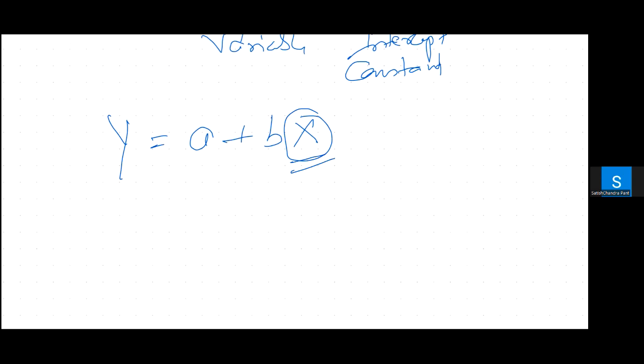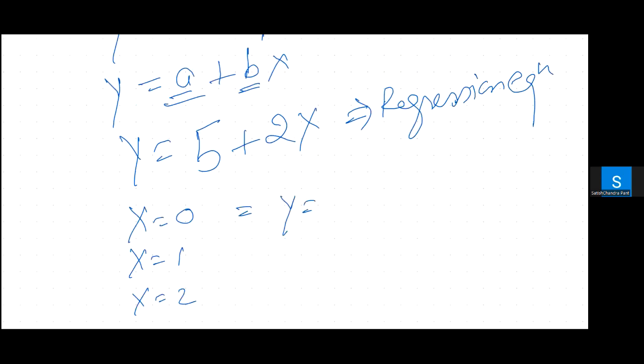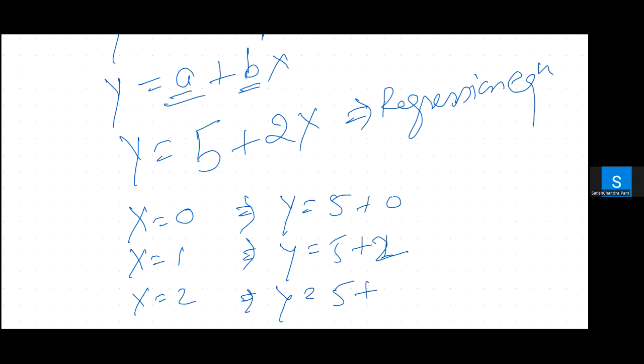As and when you change the value of x, you will get the value of y: for x equal to 0, y is 5 plus 0; for 1, y is 5 plus 2; and for 2, this would be 5 plus 4. As a result, this is 5, this is 7, and this is 9.